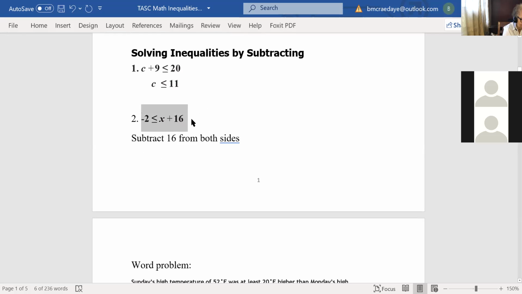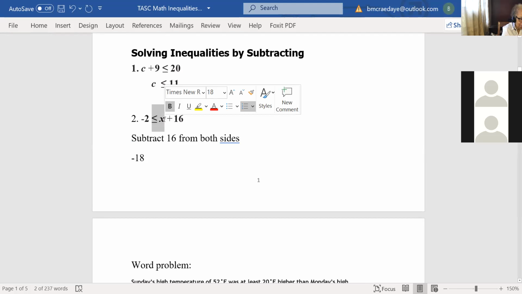What's minus 16 and minus 2? 18. Minus 18, because you're subtracting, right? And then if you subtract that out, you're just going to have X left.